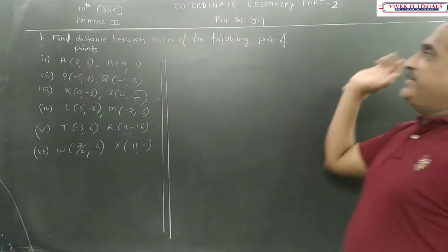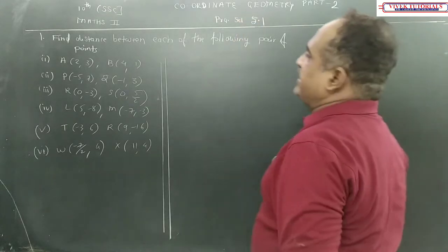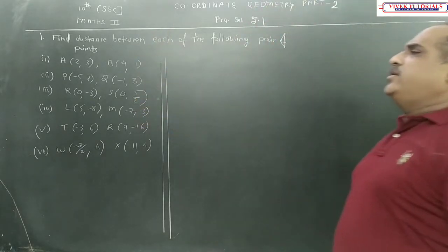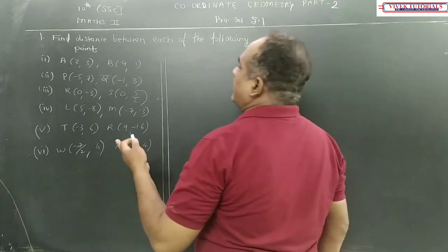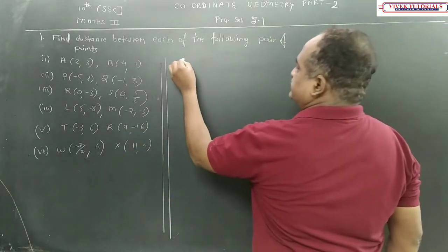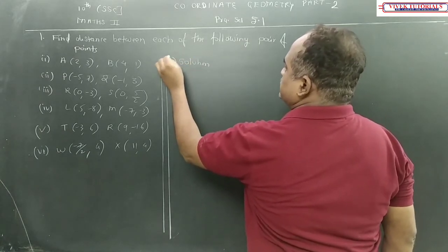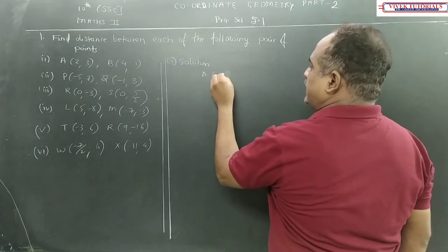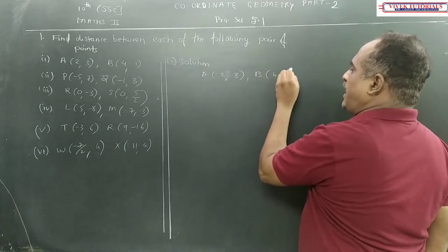Now we are going to start with practice set 5.1. First question is, find the distance between each of the following pair of points. Now we are going to find the values of the distance between these two points by using the distance formula. Solution for the first question, A 2, 3 and B 4, 1.